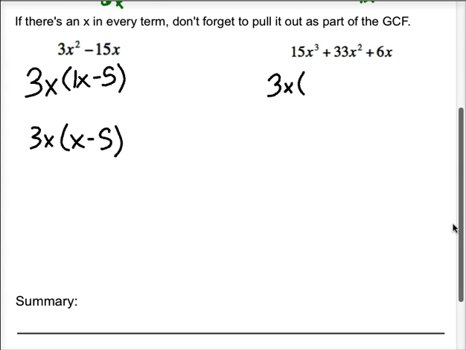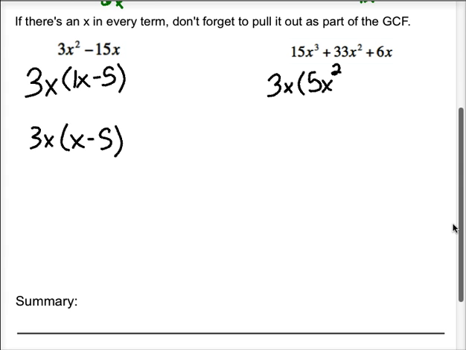And now I'm going to go term by term. So first, 15x cubed divided by 3x. Well, 15 divided by 3 leaves me 5. X cubed divided by x, so I'm starting with x cubed, taking away one of those exponents, so that leaves me with an x squared. So 33x squared divided by 3x.